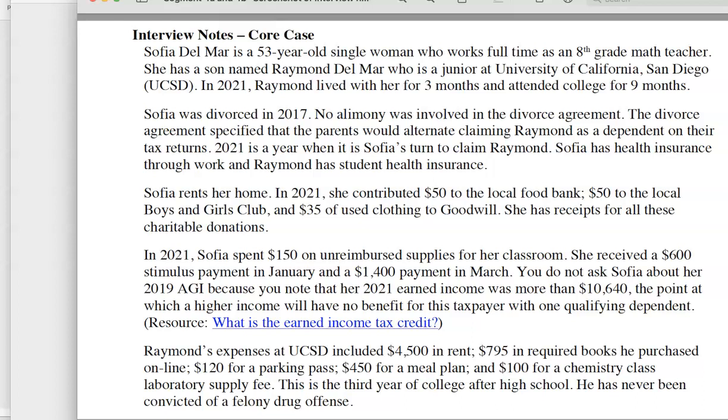She didn't get the payment for Raymond, presumably because her ex-husband filed a 2020 tax return before the third stimulus payment went out, and got that $1,400. So this is interesting because the $1,400 for Raymond presumably has been paid out, but not to Sophia.